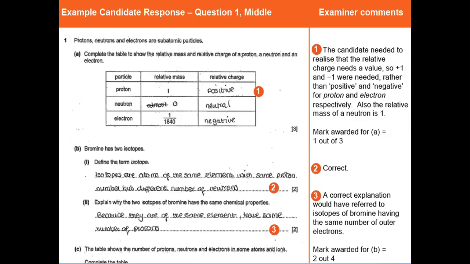So the explanation here should be that isotopes of bromine have the same number of outer electrons. Since they have the same number of electrons in the outermost shell or the valence shell, the chemical properties are the same because they come from the same group.